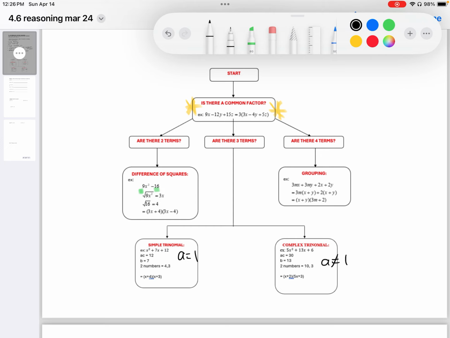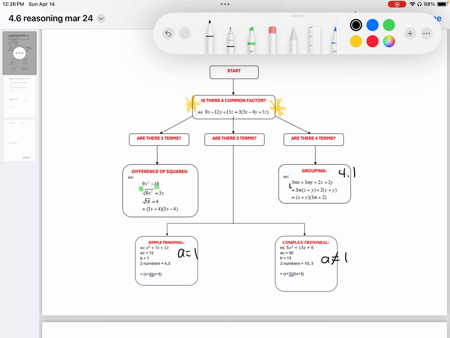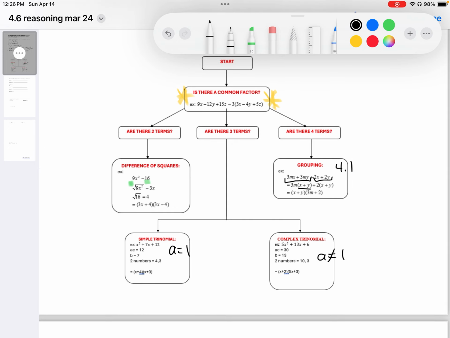And then grouping, so when you have 4 terms, so this would be an example from 4.1 where you factor the first 2 terms and the second 2 terms, looking for a common factor that applies to those 2 terms only. And then in the second line, creating a common factor that is now a binomial.